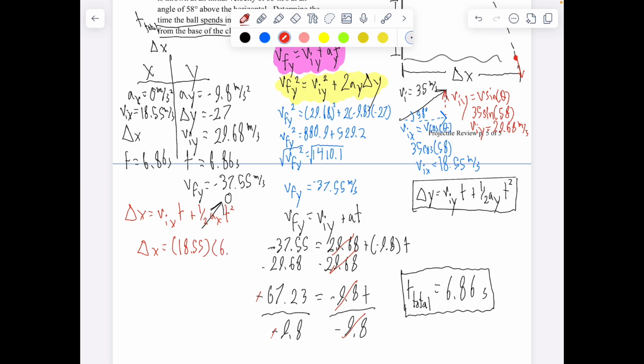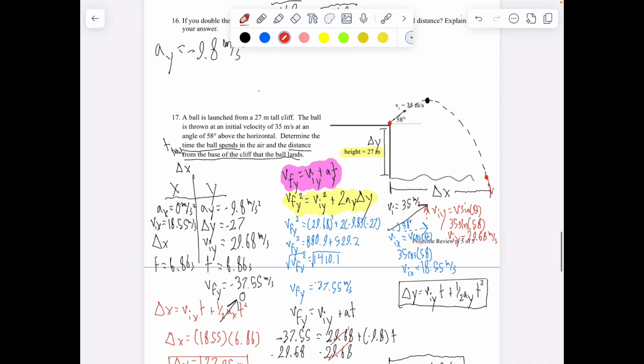In our time, 6.86. If we go ahead and multiply these together, 18.55 times 6.86, that delta x is 127.25 meters. All right, there we go. Here is our answer.